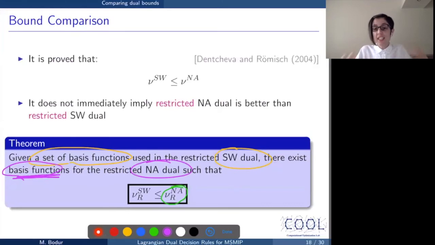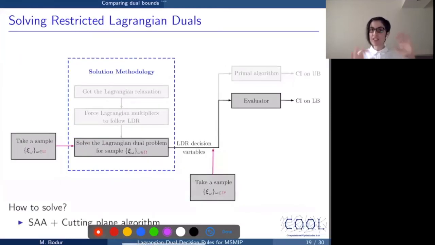You need to give it enough information so that it also has the chance to leverage the same information. If you do that, then the NA dual can give you something better than the stage-wise dual, and it's never worse.